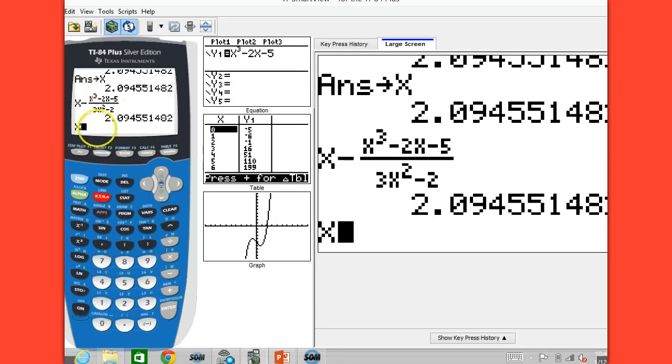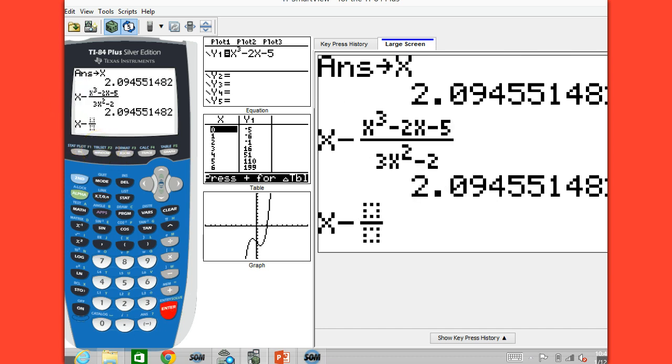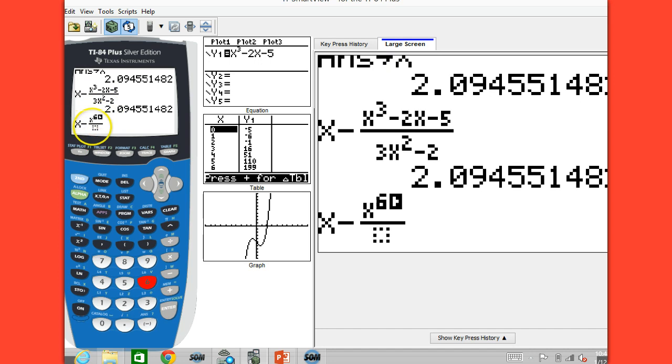All right, so we're going to have x minus our original equation, which was x to the 6th minus 2, divided by the derivative, which was 6x to the 5th.